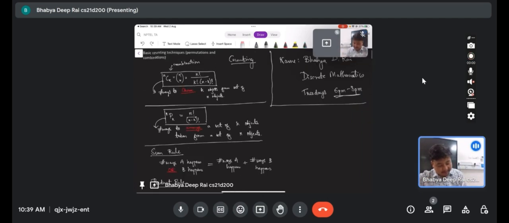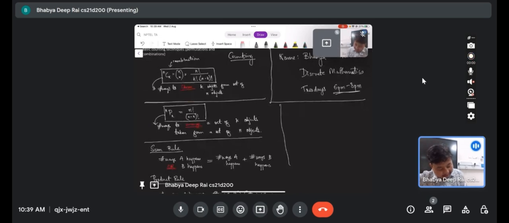For example, let's say my set of n objects is 1, 2, 3, 4, 5. So what is n here? n is 5. We have 5 objects. Now let's say I have to pick 3 objects from here, so k equals 3.